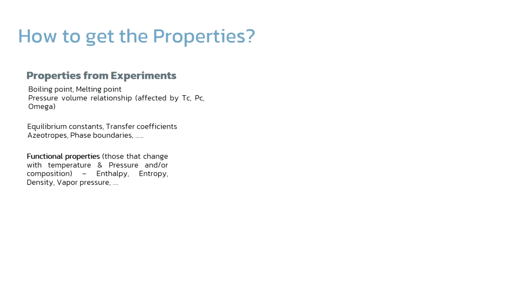Functional properties are those that change as functions of temperature or pressure. For example, the change of enthalpy of the liquid or vapor as a function of temperature, the heat of vaporization as a function of temperature, or the change of density as a function of pressure.